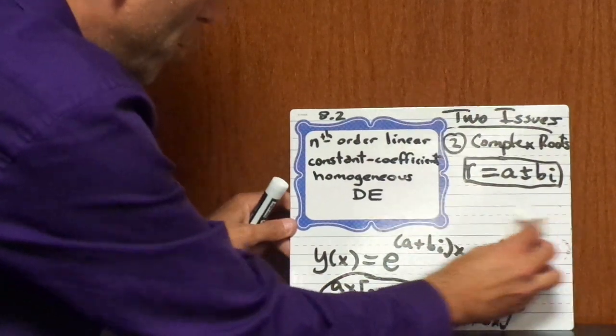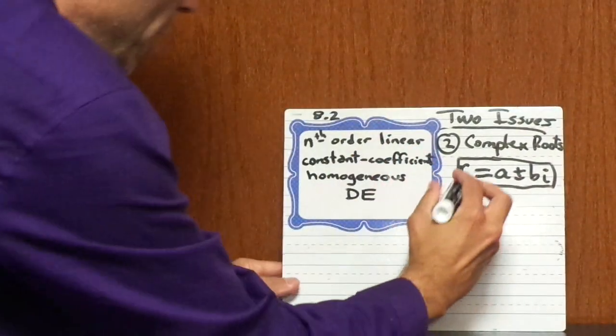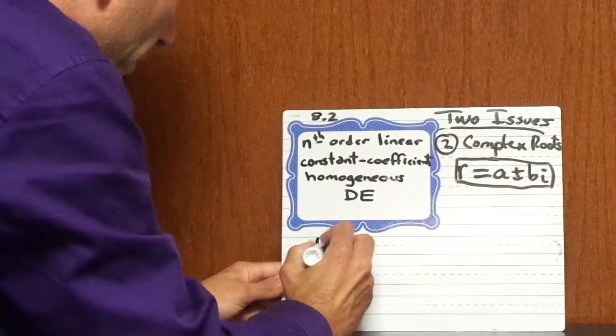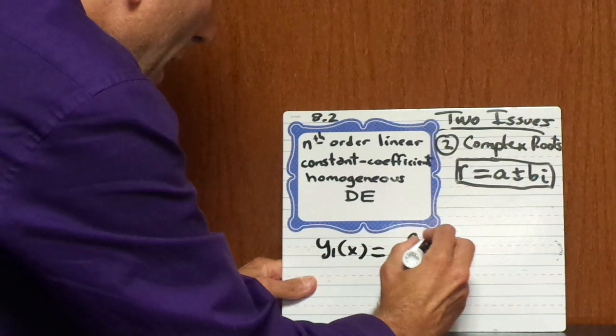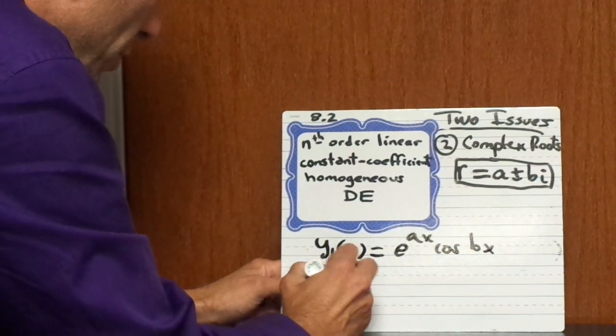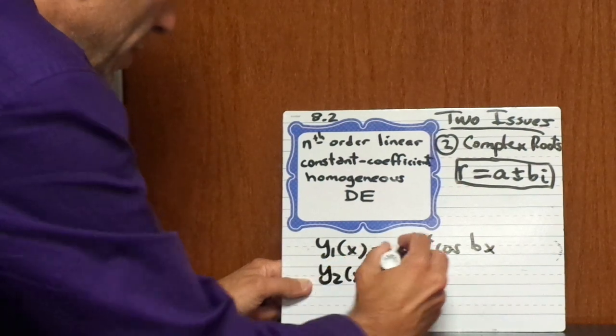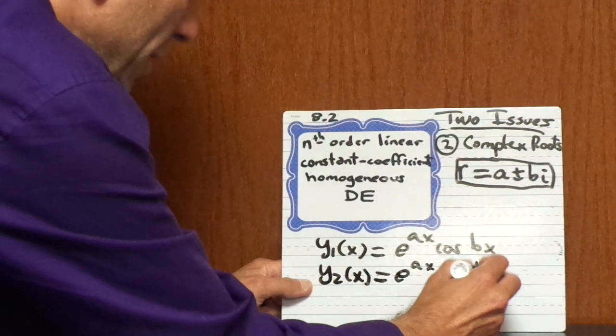Let me write them down so they're up here in front of you. The first solution, y1 of x, is e to the ax cosine of bx. And the second solution, y2 of x, is e to the ax sine of bx.